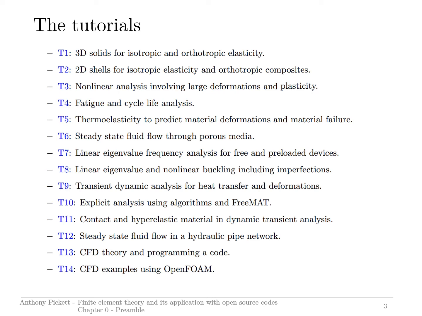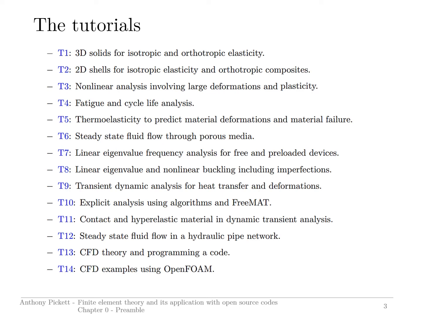Tutorial 5 is a thermoelastic study of two components. The first is a bimetallic strip. It's a classical problem where you have two materials with different thermal conductivity, and it investigates the analysis of thermal loading in order to deform the bimetallic strip.